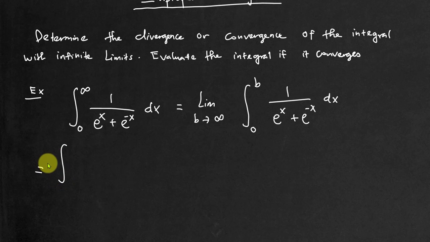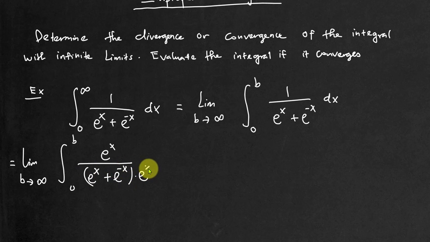So we still have the limit as b approaches infinity, and I just need to multiply the top by e to the x, and also the whole thing at the bottom by e to the x.